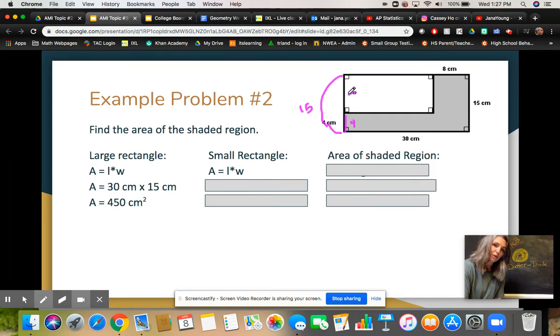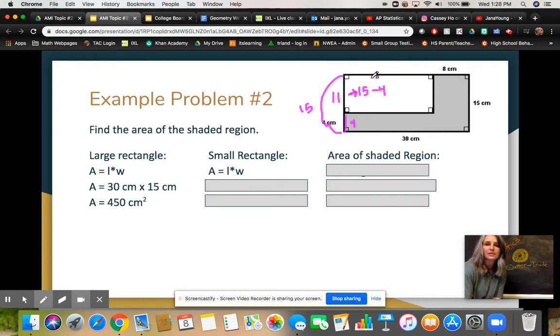So to find what you don't know, take the whole amount. That's not a subtraction sign, that's an arrow. How about that? Take the whole side, subtract what you know, and that will give you what you don't.